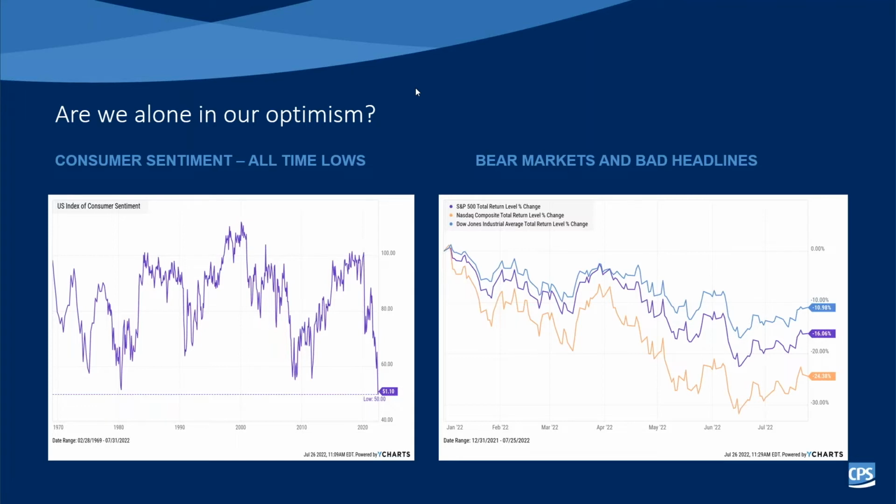And when the cycle turns and the Fed starts to decrease rates, they've got more money in their pockets and they'll go out and spend again. The big question is how long it takes to get to that next part of the cycle. So some of these indicators are pointing towards the fact that most of the bad news is already priced into the markets, and we're starting to see that show up as far as when you poll consumers.